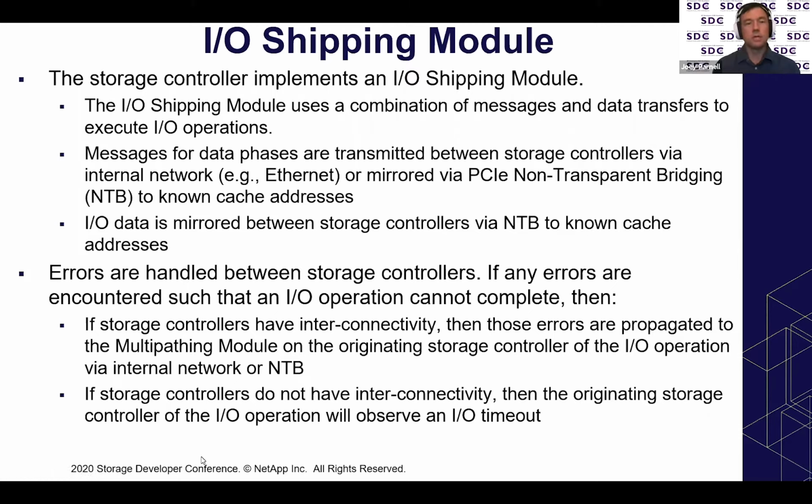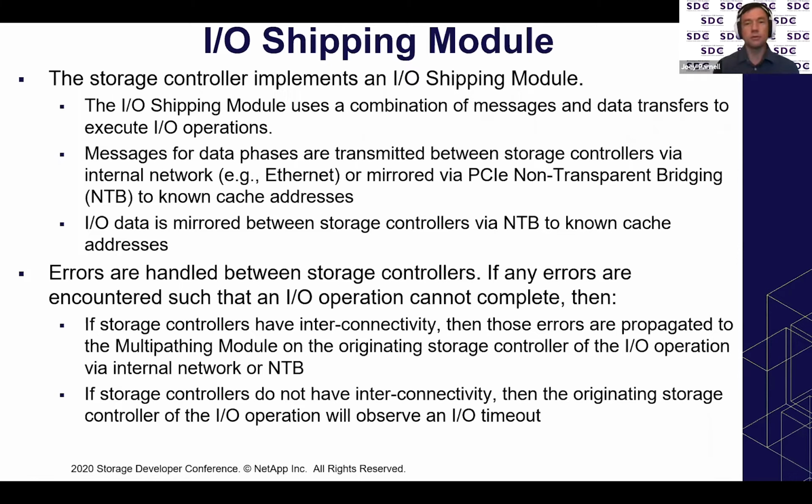For example, you can send the messages over an internal network, Ethernet, and then you can mirror the data using non-transparent bridging. Non-transparent bridging is basically just a PCIe chip that connects memory from multiple controllers into the same PCIe fabric so that we can mirror data into memory addresses across that link.